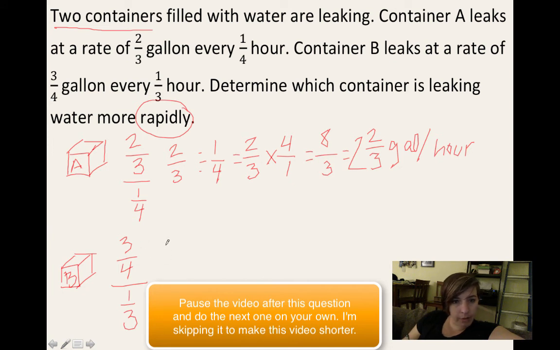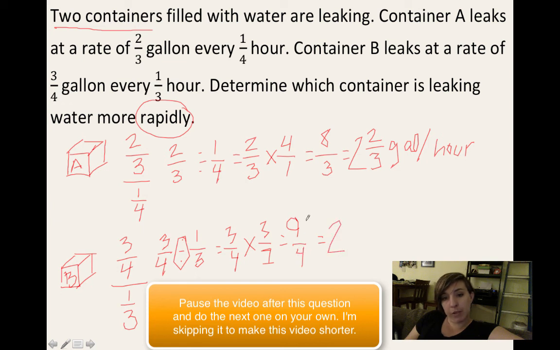Alright, let's see how about container B. So we have 3/4 divided by 1/3. Keep the first fraction. Switch the sign. Flip the second fraction. 3 times 3 is 9. 4 times 1 is 4. 4 goes into 9 2 times. 4 times 2 is 8.